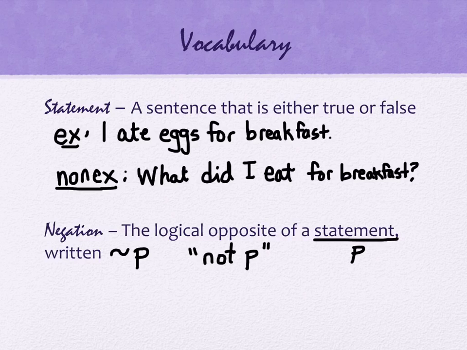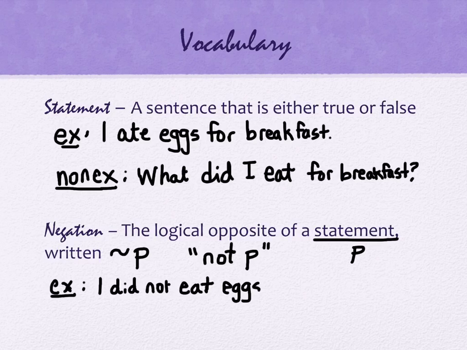So I'm going to use that same example of the actual statement above, which was I ate eggs for breakfast. What would be the logical equivalent, the negation of that statement? I did not eat eggs for breakfast.